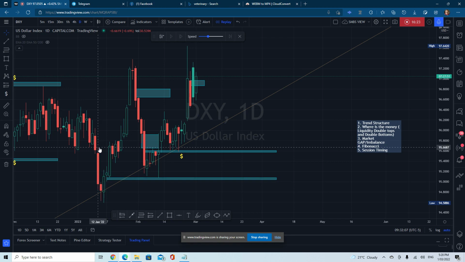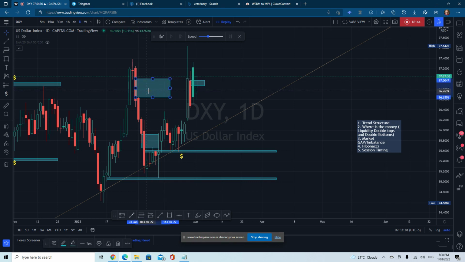So if this candle ends here and this one does not end here, because this candle was supposed to end here, then there would be no market imbalance. But because the previous candle ended here and this one started from here, this has to be filled.